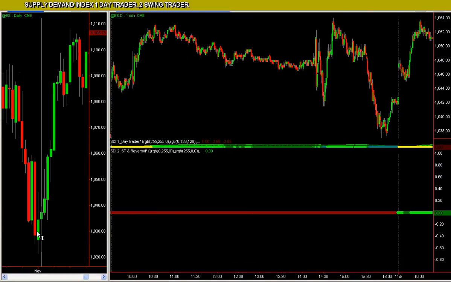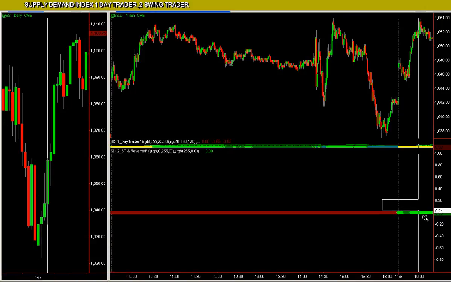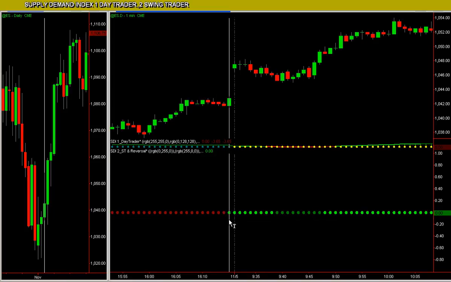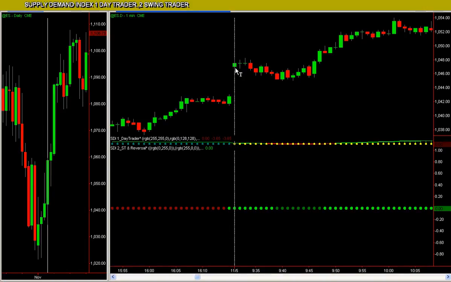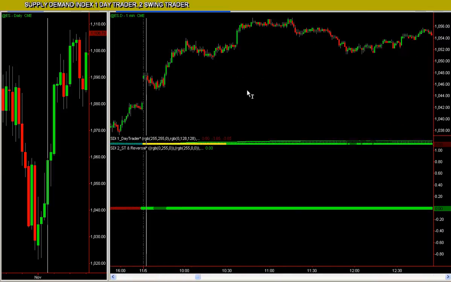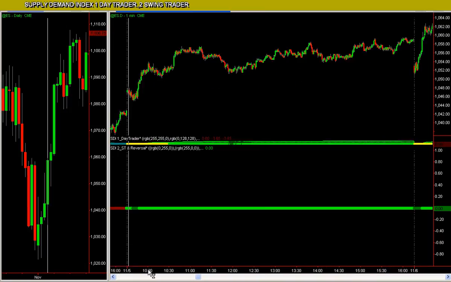Again, here, prior to this move up, we go from red to green. Again, the reversal came here on the last bar, which is this day, and it also came in the first bar of the day. So this is a very strong reversal signal, and if I zoom in, you can see what price did after that. Okay, and we are in.